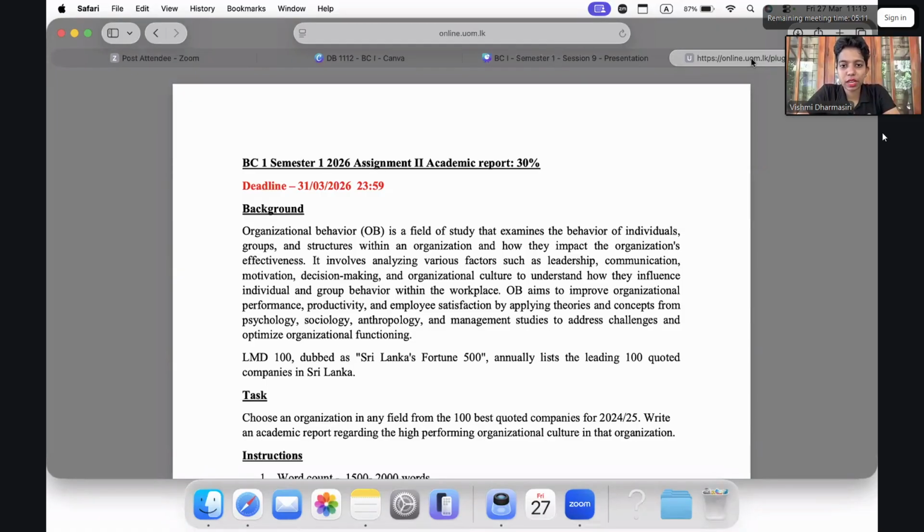It involves analyzing various factors such as leadership, communication, motivation, decision making, and organizational culture to understand how they influence individual and group behavior in the workplace. If you can explain all of this, it would be better, because these are the areas mentioned directly in the instructions of the assignment. If you can cover all of that, it would be amazing.